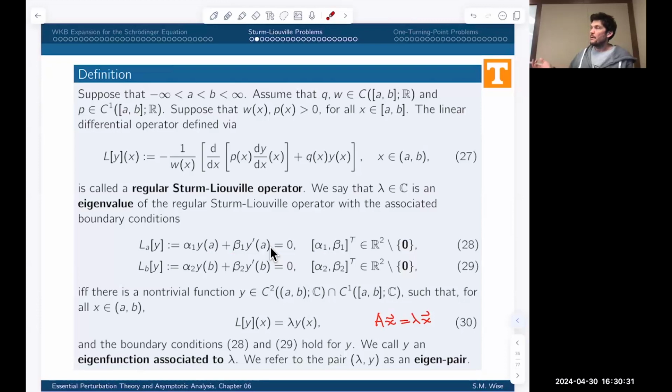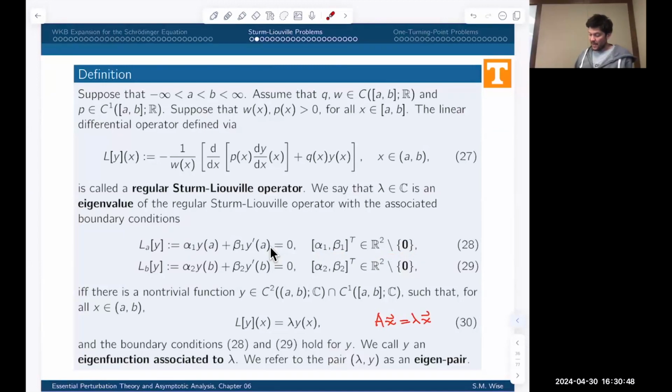In other words, you can't have both of these being equal to 0 simultaneously. You could have alpha 1 equal to 0, but then beta 1 would have to be non-zero, and vice versa. So these two numbers cannot both be 0.